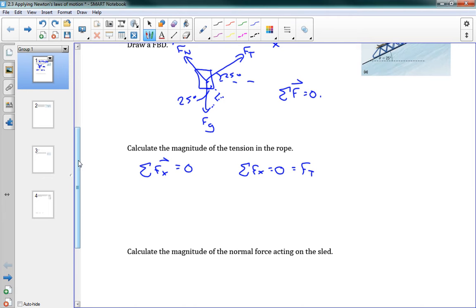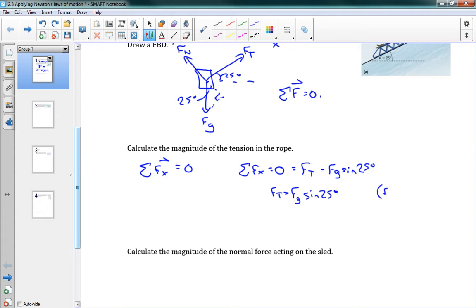So I have tension going to the right, and Fg sine 25 degrees to the left. So that means that I can rearrange this equation to solve for Ft. So I can say Ft is equal to Fg sine 25 degrees.